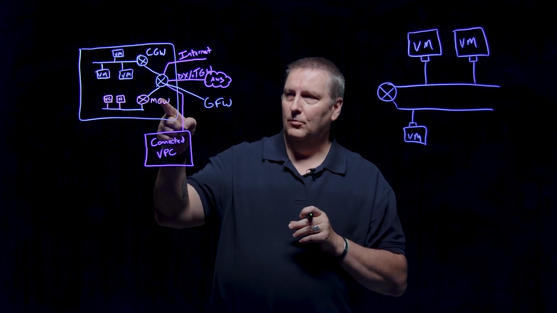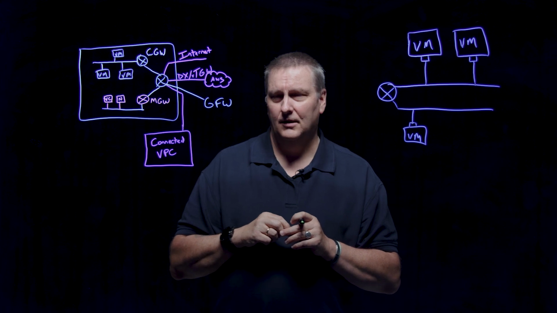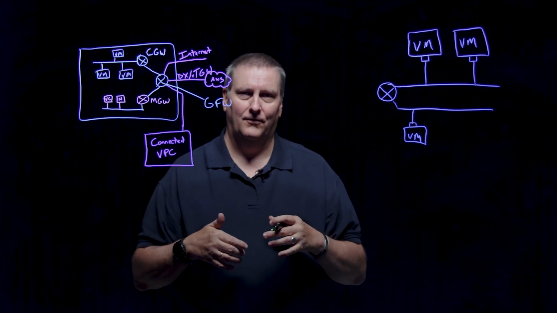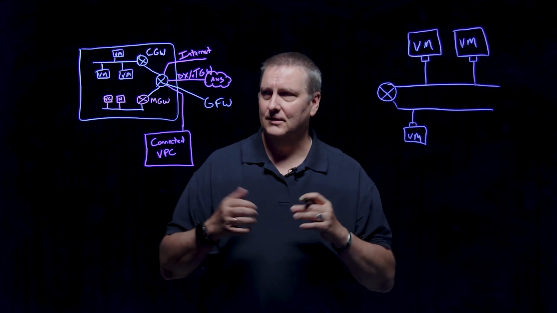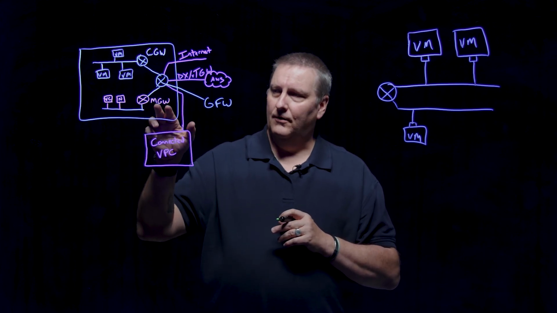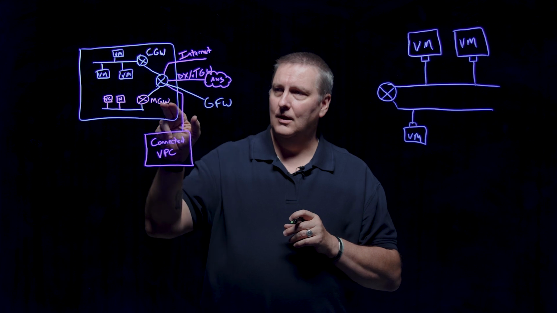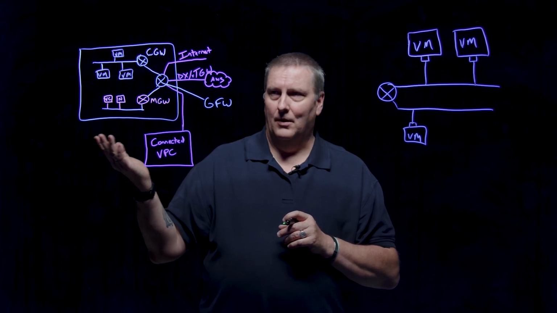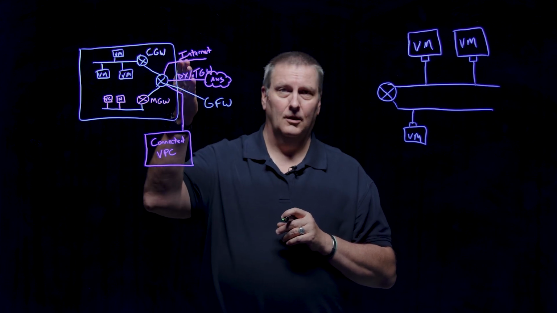Specifically for the MGW, typically one of the first things customers want to access is Virtual Center, right? That's where you're going to configure your content libraries. That's where you're going to configure all of your workloads and virtual machines and things of that nature. So we start by configuring a policy on the MGW to allow external entities into the environment. Those external entities could come across the global internet.